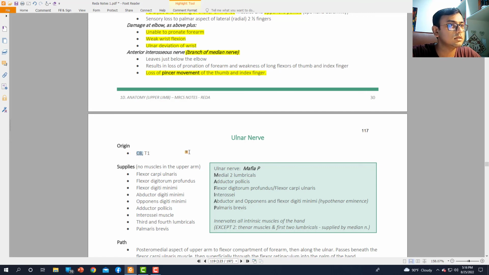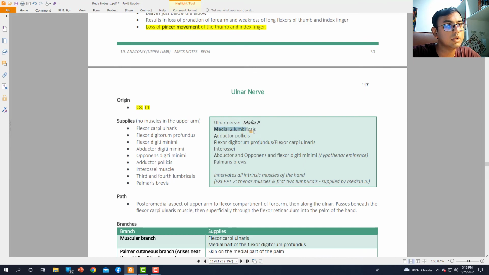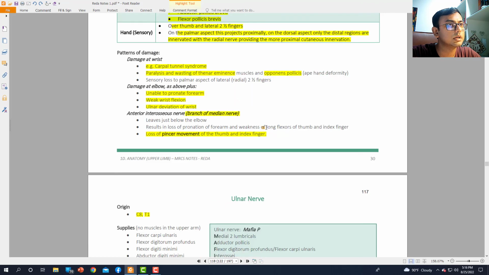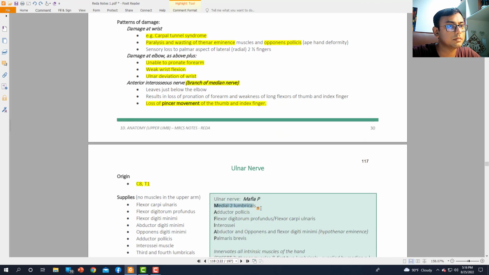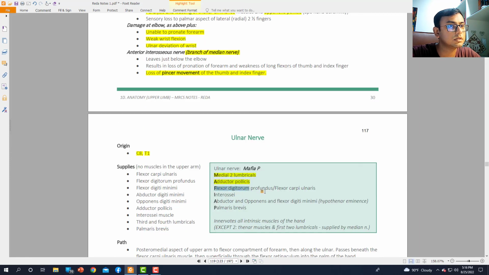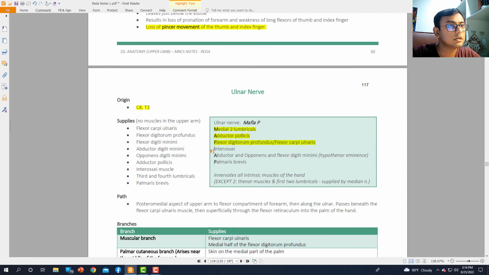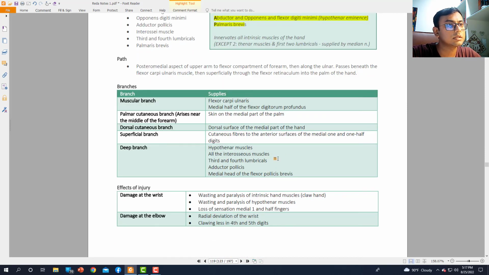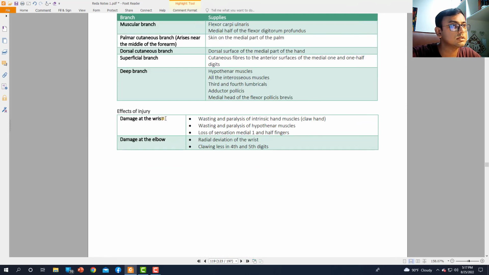Now the C8 or T1 supplies the intrinsic muscles of the hand. The lateral two lumbricals are supplied by the median nerve, and the medial two lumbricals by the ulnar nerve, along with adductor pollicis, flexor digitorum profundus medial half, and interossei. Damage at the wrist, effect of injury, is very important: wasting and paralysis of intrinsic muscles, that is claw hand.